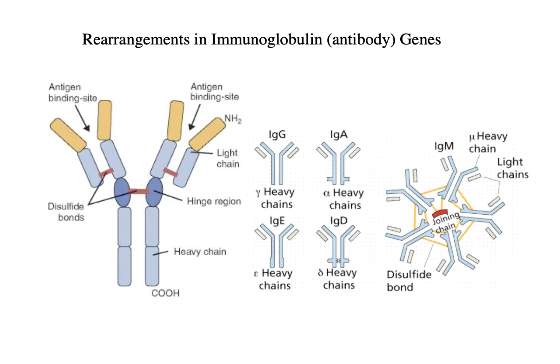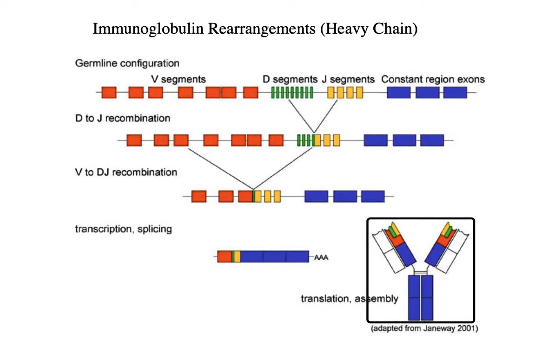And so they have a constant region here in lighter blue, and then this orange region out here. Those are variable regions, and so this protein is formed from genes that have many, many different variable parts. So to form this antibody on the bottom here, it contains these constant regions in blue, and then these variable regions in red, green, and yellow.